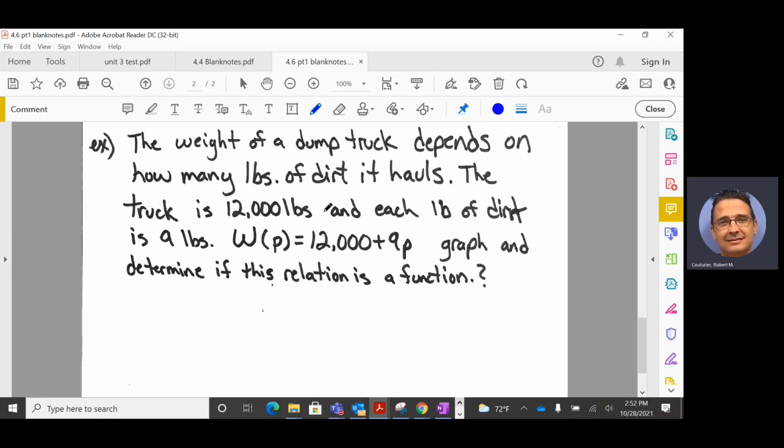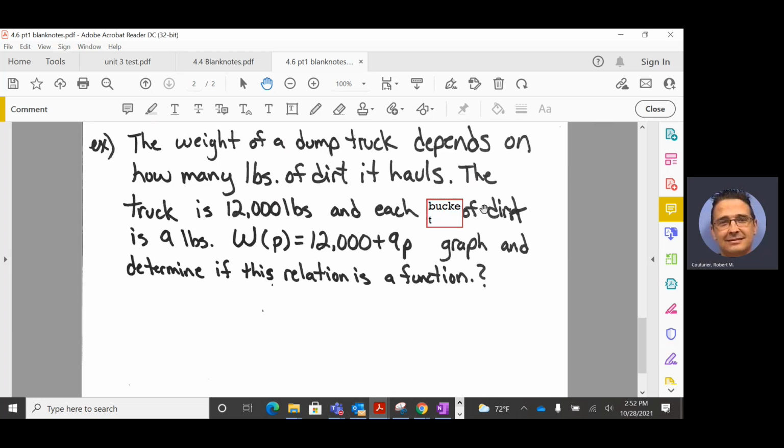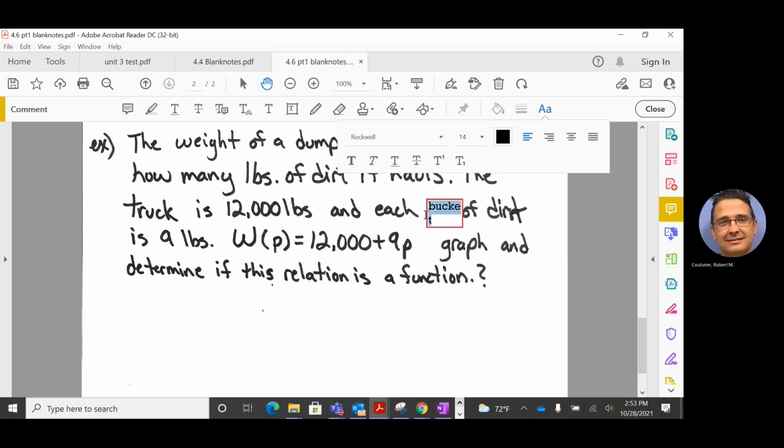The truck is 12,000 pounds, and each, I'm going to call this bucket, each bucket of dirt is 9 pounds.